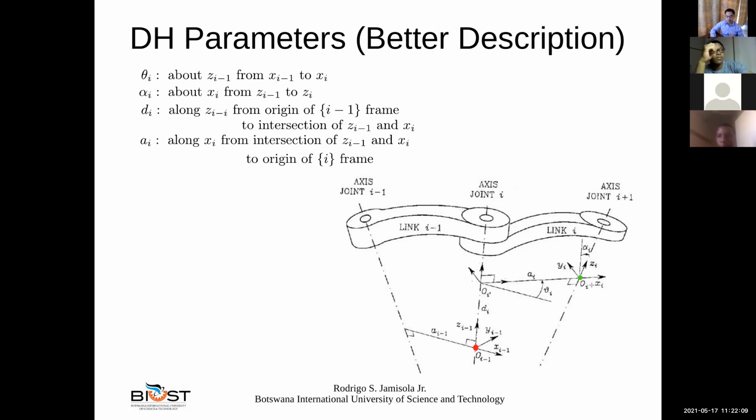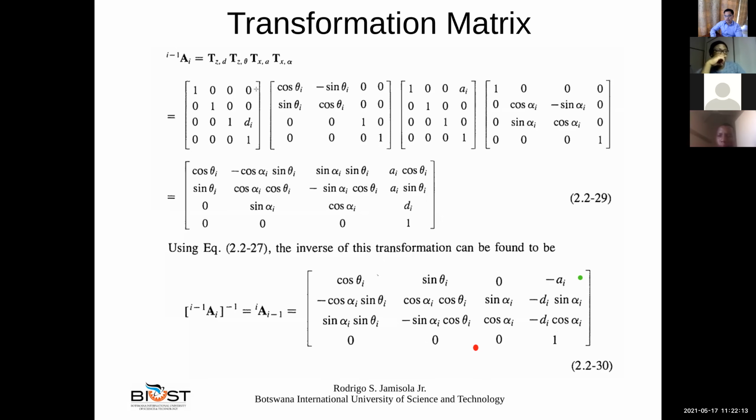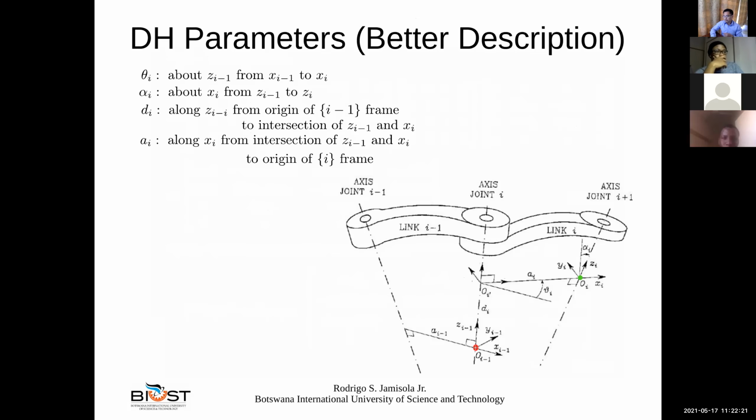So how is it being done? Let's do it one by one. First, the translation of d_i along the z_{i-1} axis, with no rotation. What happens here is that we move this by a distance d.